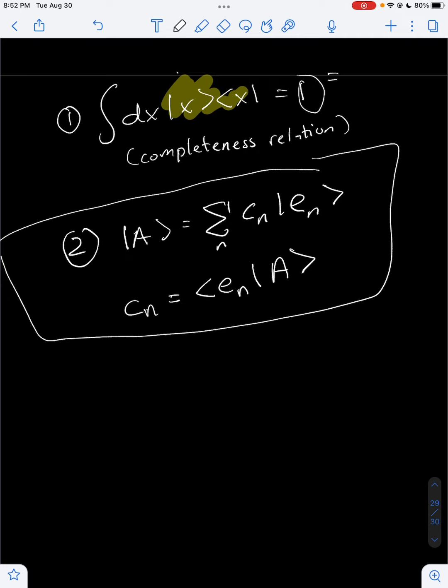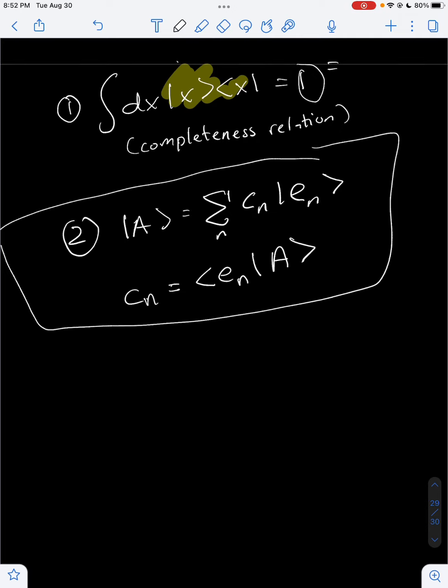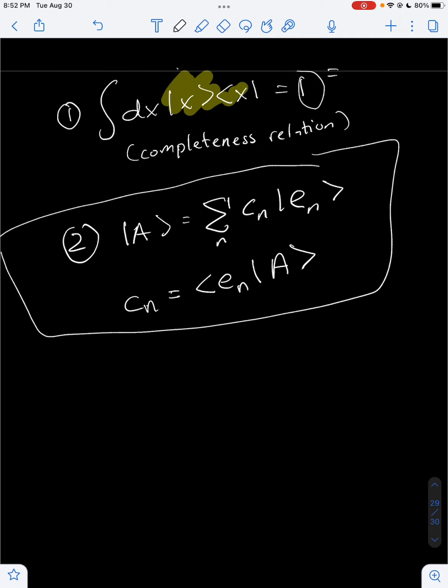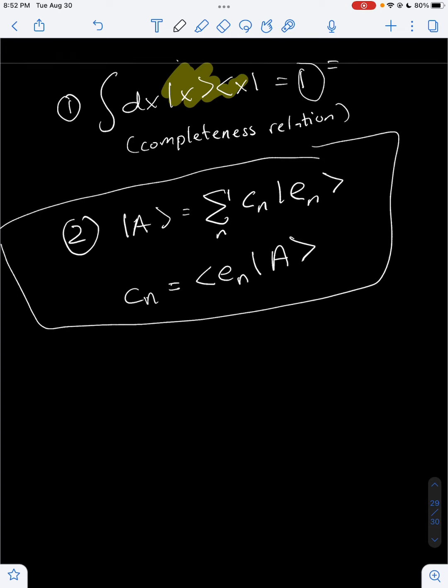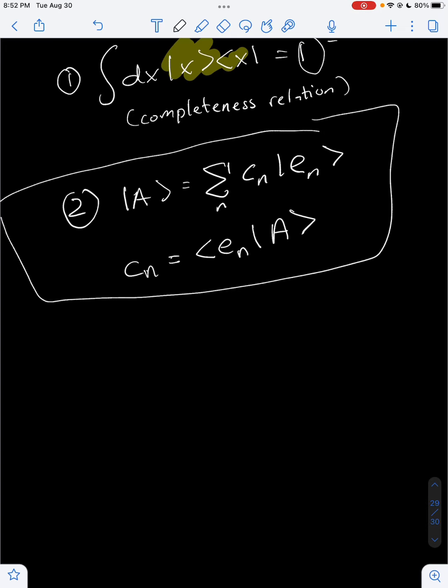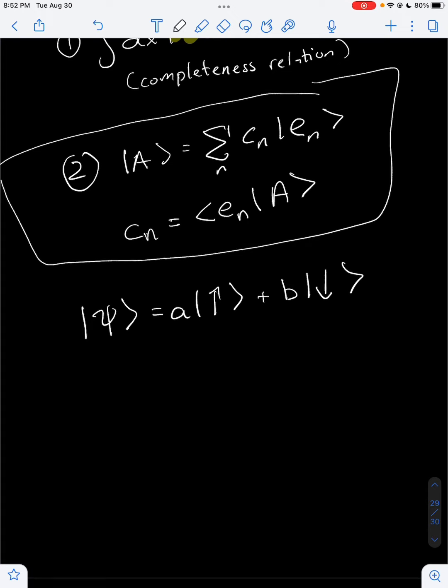So a good example to use is spin, which isn't a statement said often in physics. A good example is spin. So for spin, we can have a spin state. It's a superposition of spin up and spin down. So it's just some linear combination of up and down. All right.